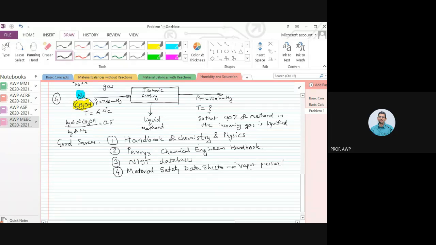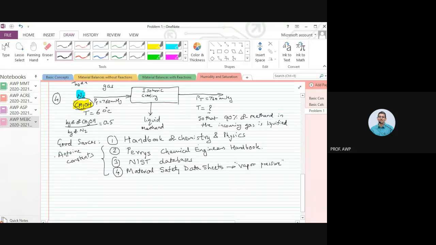At the most, they may give you vapor pressure at 2-3 different values, from which you will have to calculate your A, B, and C values in the Antoine constants. But many of these sources will directly give you the Antoine constants.